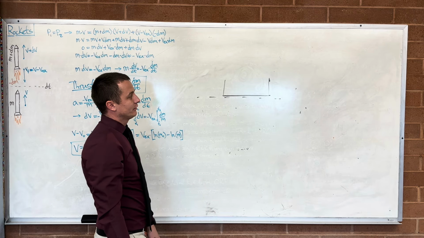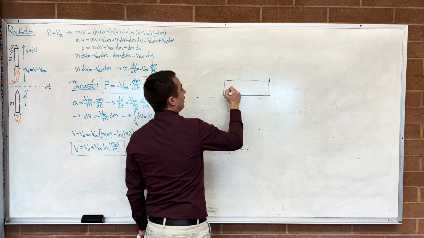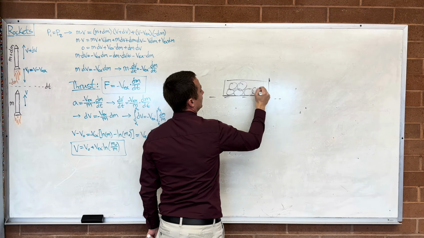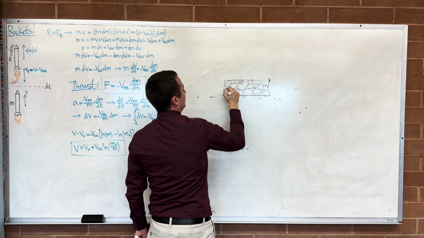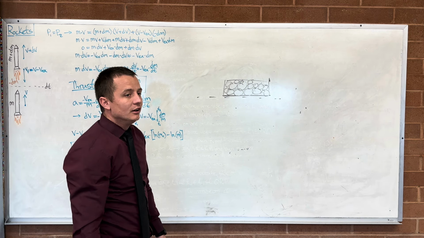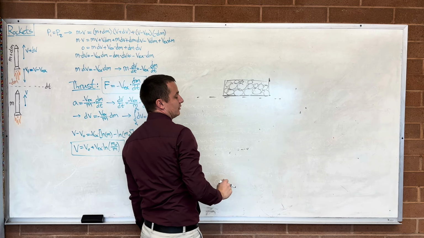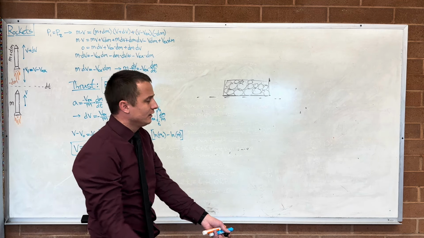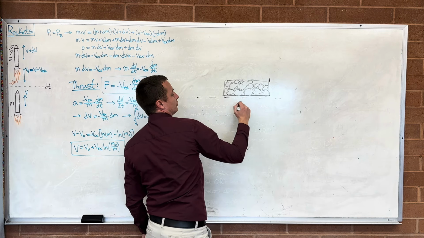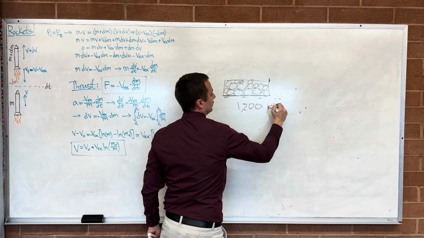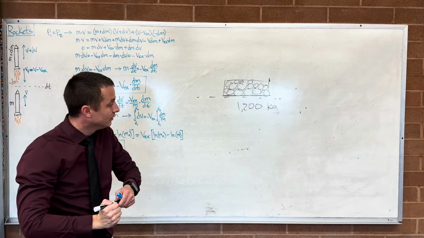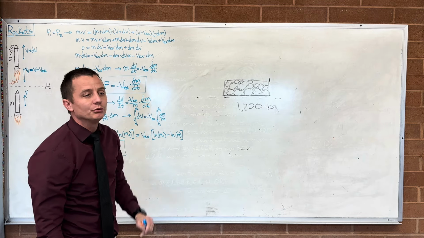Inside this sled, there are just a crap ton of balls. We'll say there's 1,000 balls, and then us plus the sled are going to be 200 kilograms. So the whole system has 1,200 kilograms. You with me? Altogether, we have 1,000 balls, each weighing 1 kilogram.